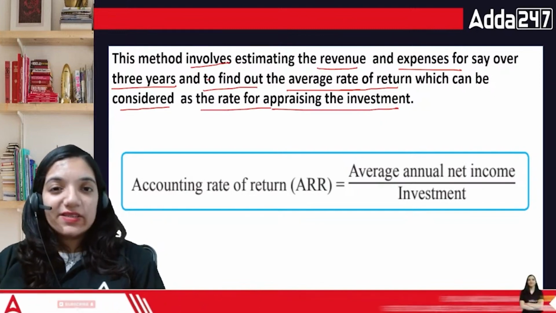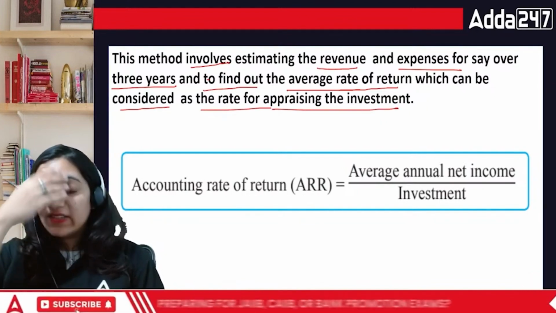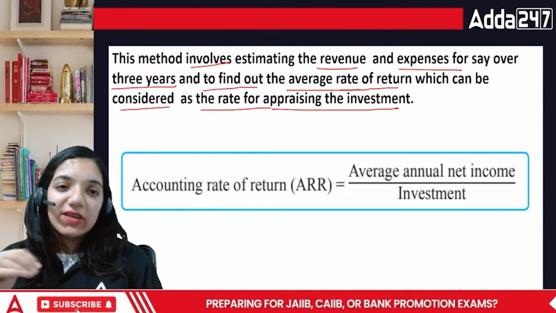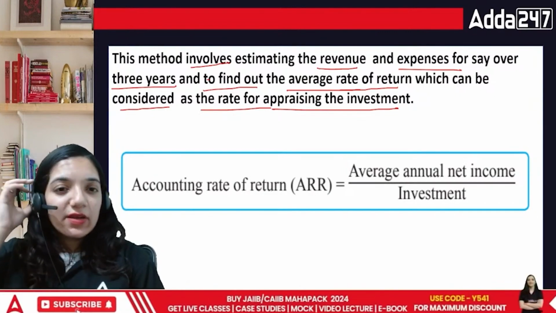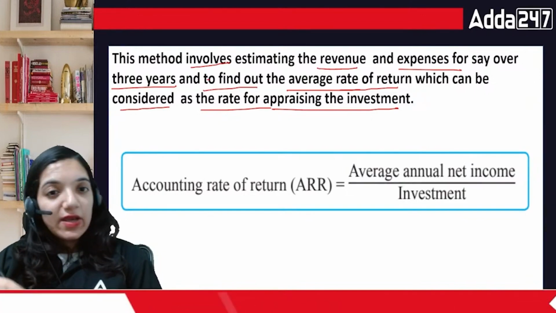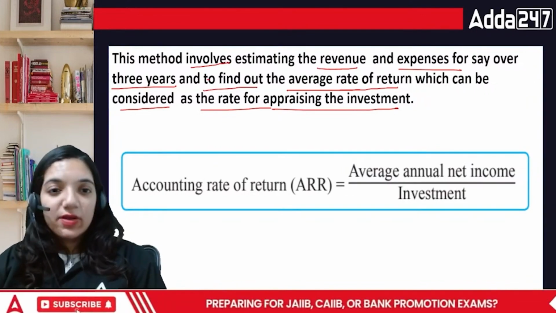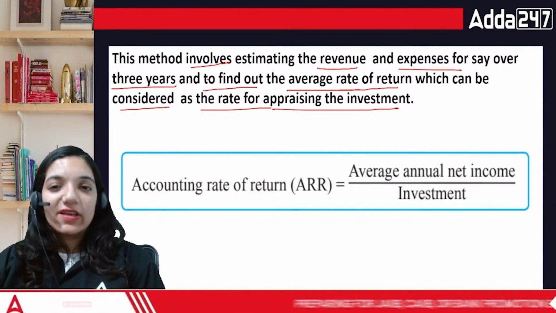If I want to increase my investment, I should be getting enough money so that I feel motivated: 'I'm getting good money from this business already, I think I should invest more.' That comes out of this area only.